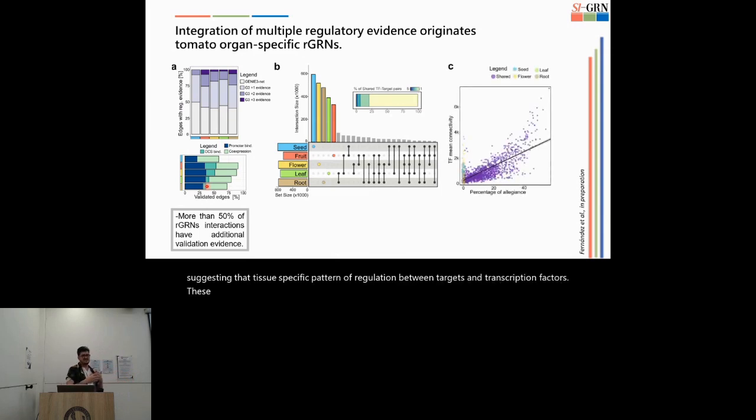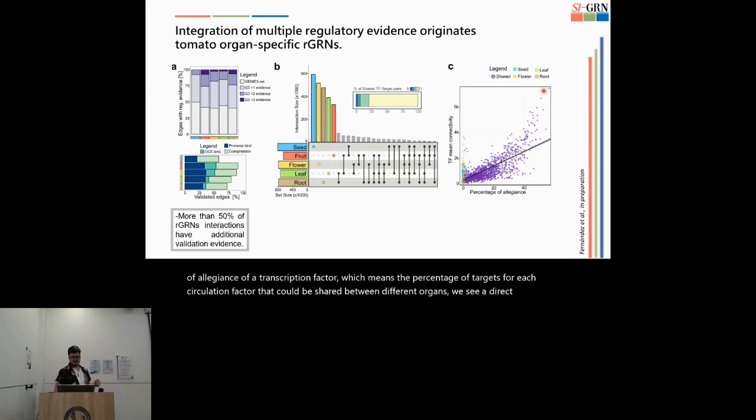This leads us to look at how a transcription factor might regulate its targets. If we plot here the transcription factor mean connectivity against the percentage of allegiance of a transcription factor, which means the percentage of targets for each transcription factor that are shared between different organs, we see a direct relationship: transcription factors with high connectivity also tend to have a higher number of target genes shared between different organs.